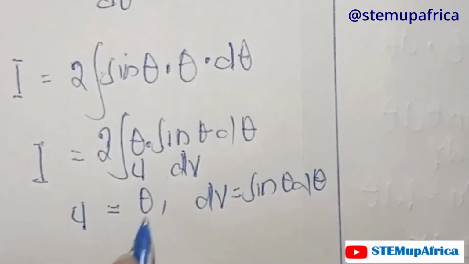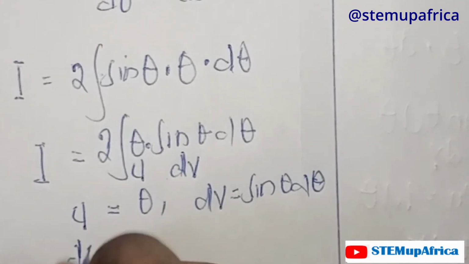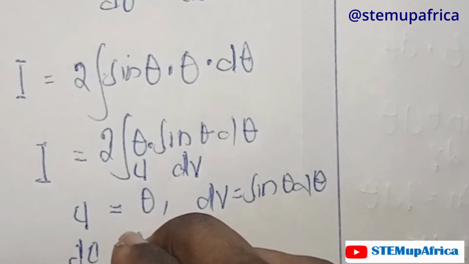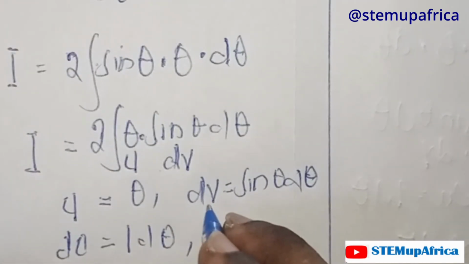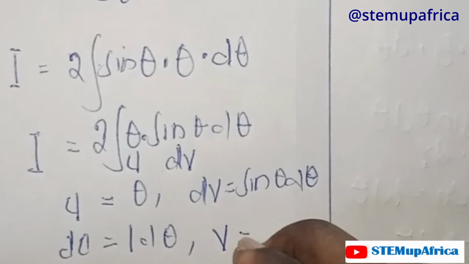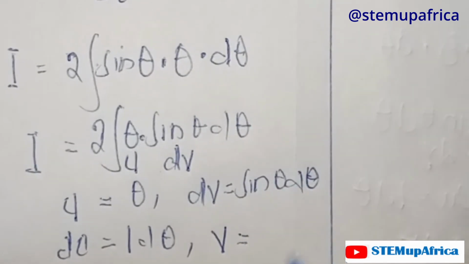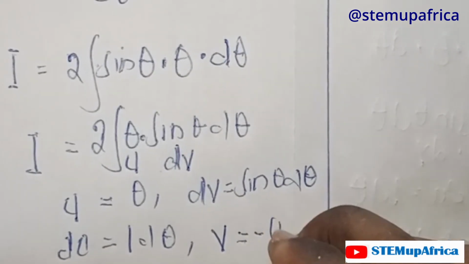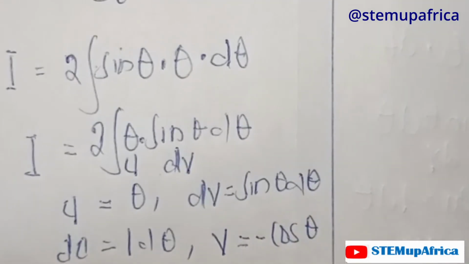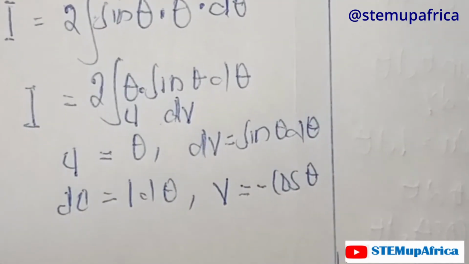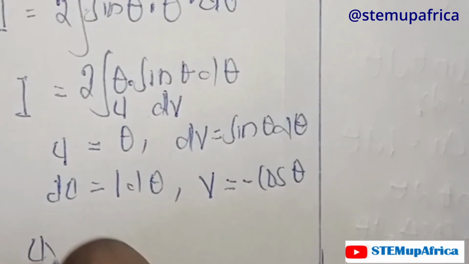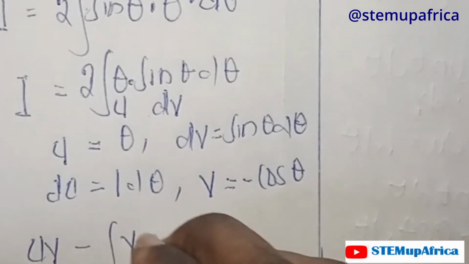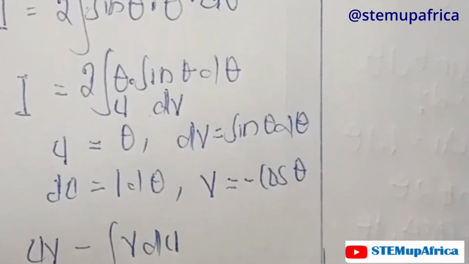If I differentiate u, I'm having du, which gives 1 d theta. If I integrate dv, I will have v. If I integrate sin theta d theta, I'm going to have minus cos theta. So where is the mathematical expression for integration by parts? It is uv minus the integral of v du.